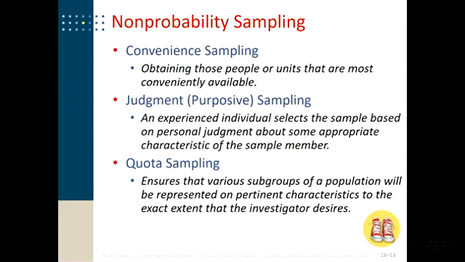So what's the advantage of this? Can anyone tell me the advantage of this type of sampling? Easy. Good. Easy, cost effective. Probably we can even do it quickly. Saves time, you're right. What's the problem?